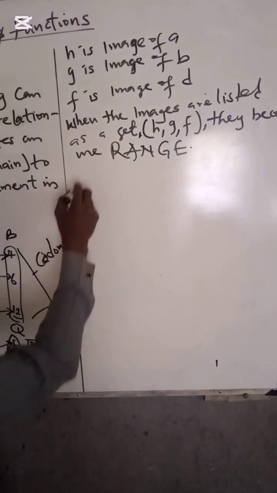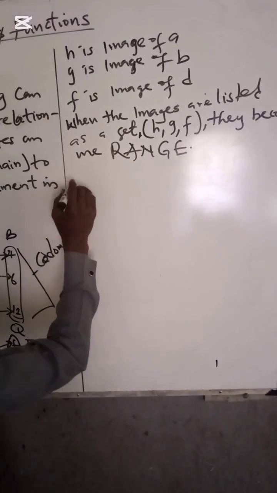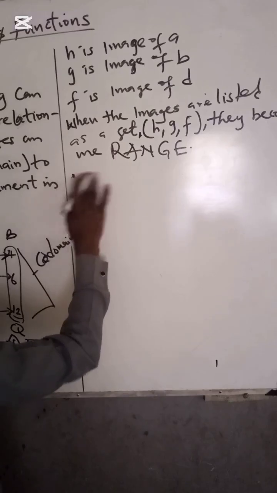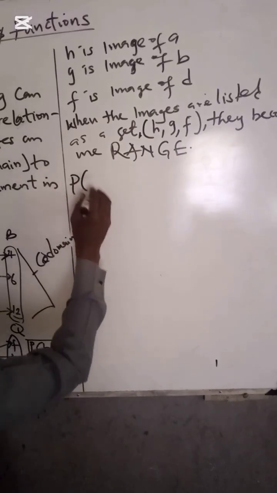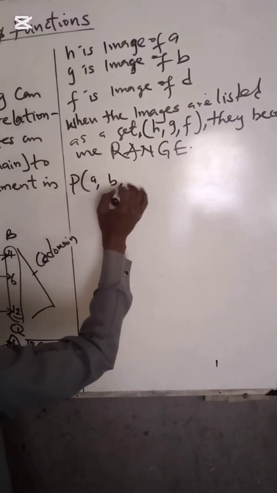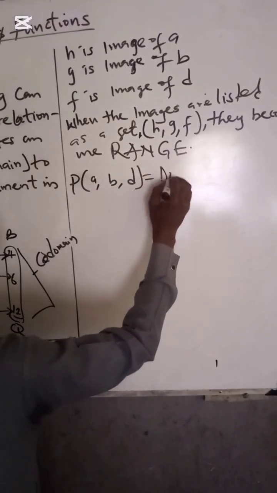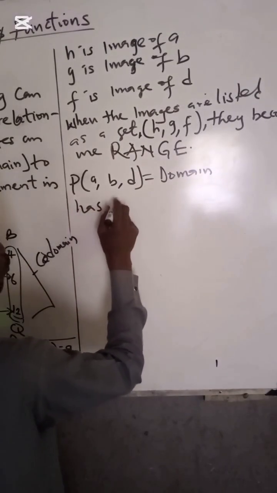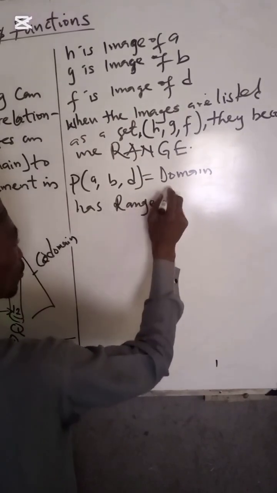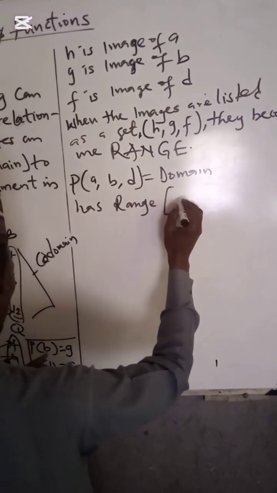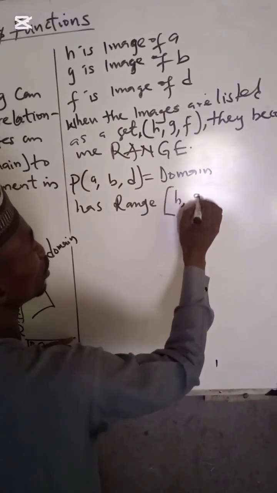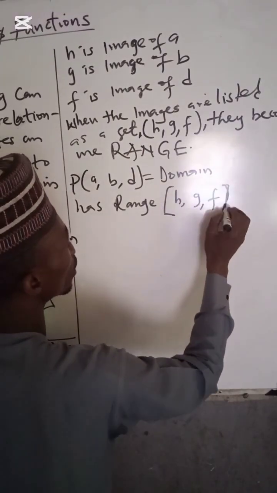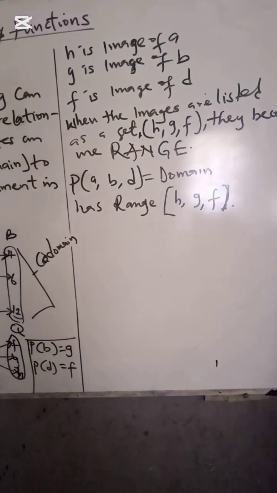So the range of this domain, we can now say, P of A, B, D, which is the domain, has range H, G, F. Now, what we are trying to show here is the meaning of domain, that is our input.